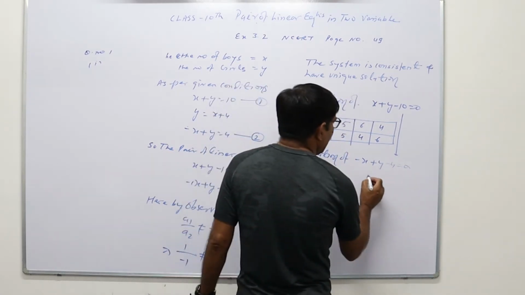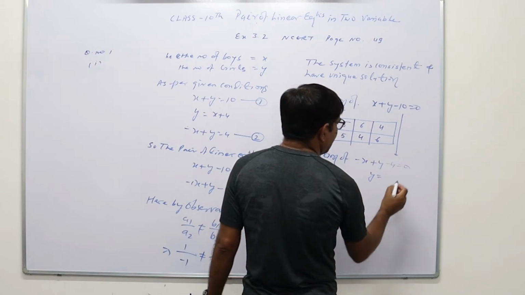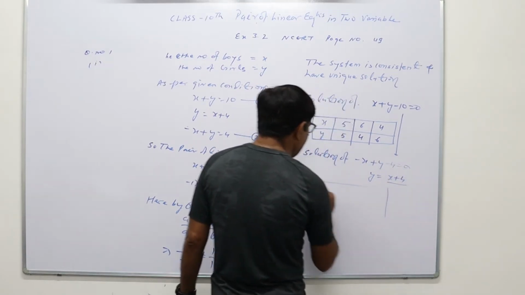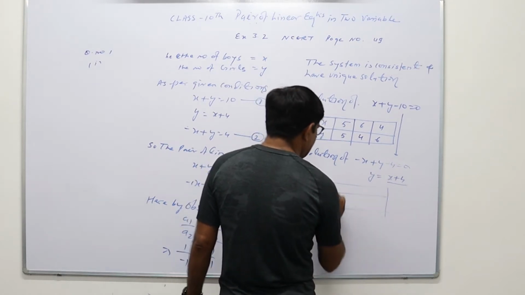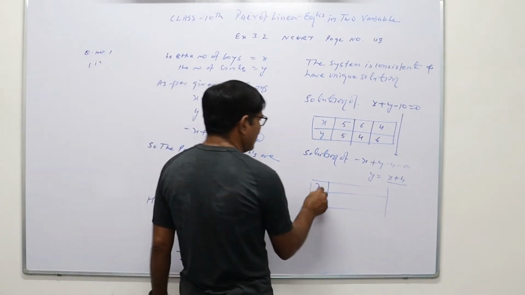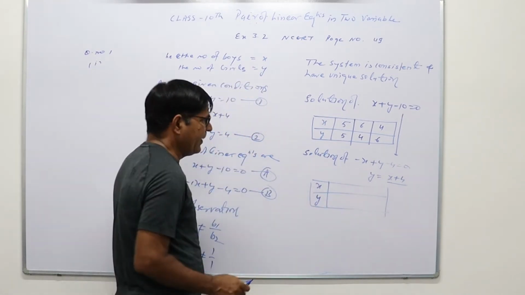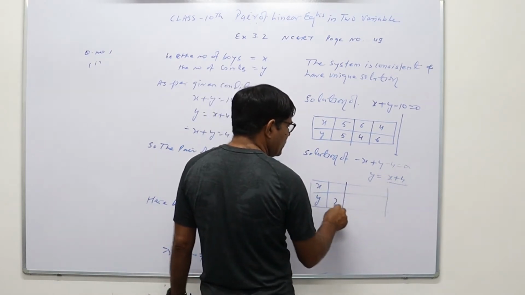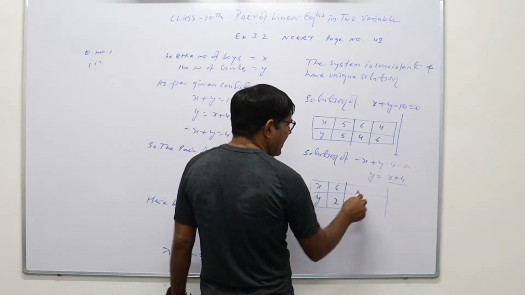So here y can be written as y is equal to x plus 4. So make a table for x and y, and we have to take at least 3 solution sets. So let us suppose this is x and this is y. If we put x is equal to 2, then y will be equal to 6.